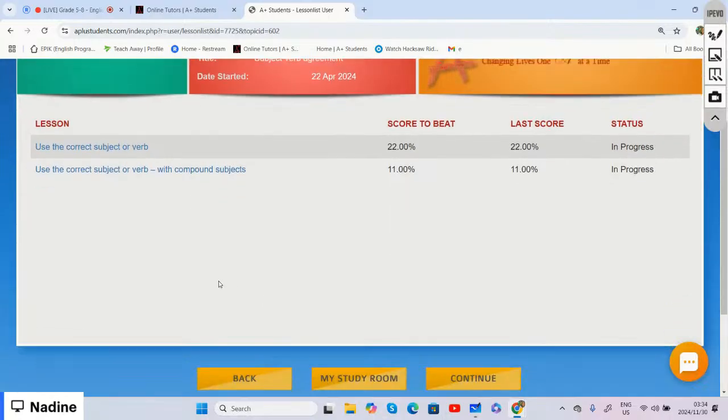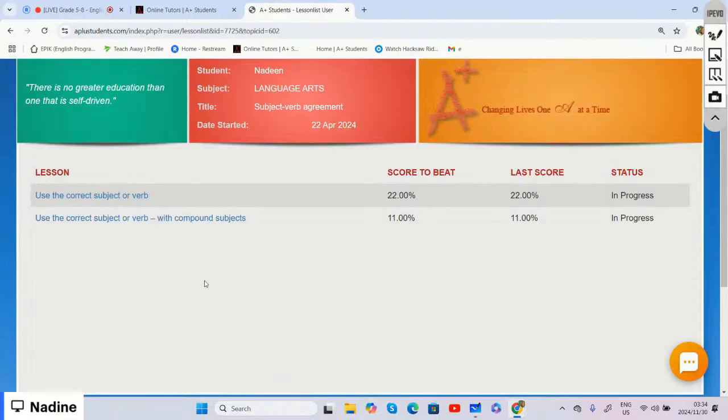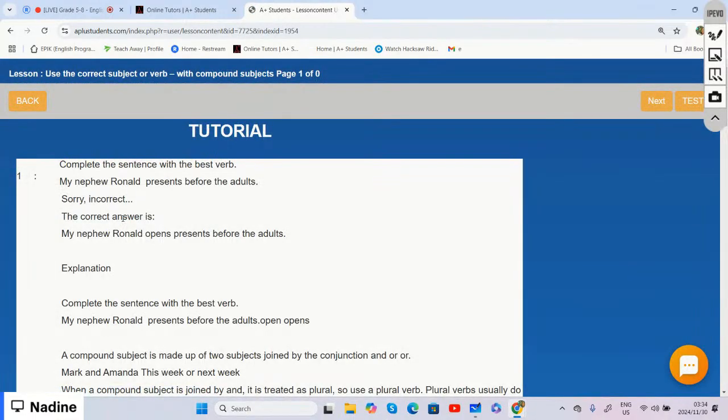All right. So now we're going to use the correct subject or verb with compound sentences. We just now used the verb.